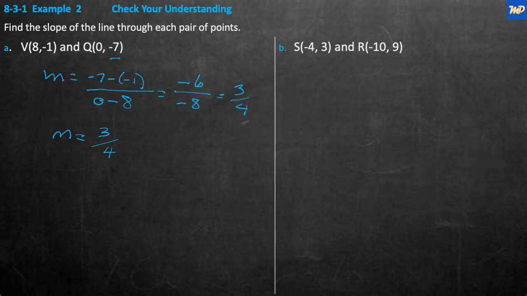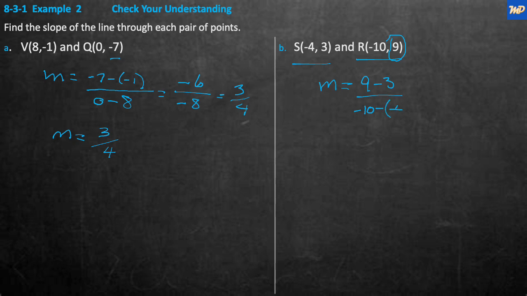This one here, our end point is going to be the r, our start point is going to be the s point here. So m is equal to, you take the y value from the end point, which is 9, and you subtract the y value from the starting point, and that's 3. And we put that all over the x value from the ending point, which is minus 10, minus a minus 4.